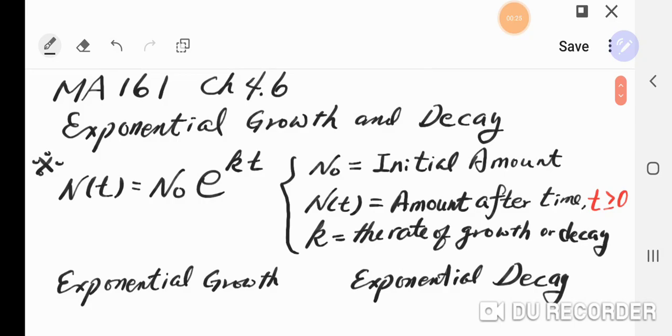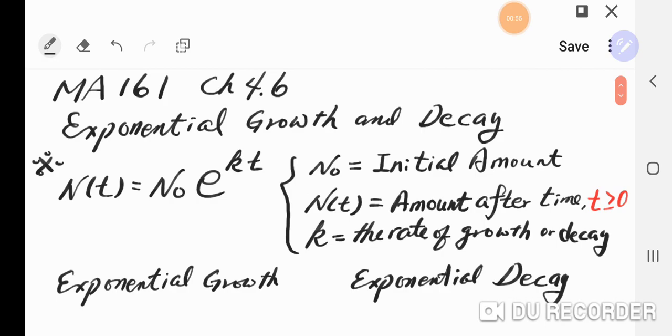So like a population, there's an initial population like in 2010, and after 10 years pass, then there will be a new population. So N0 is the initial amount, and in the exponent kt, t represents the time, the number of years or seconds or minutes, and k is the rate of growth or decay.